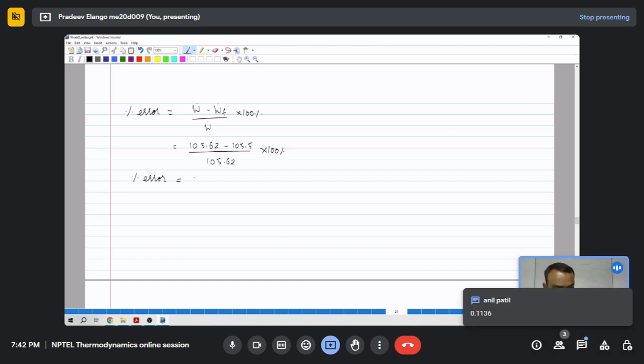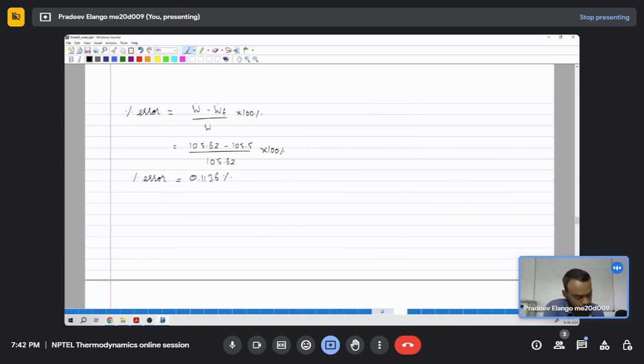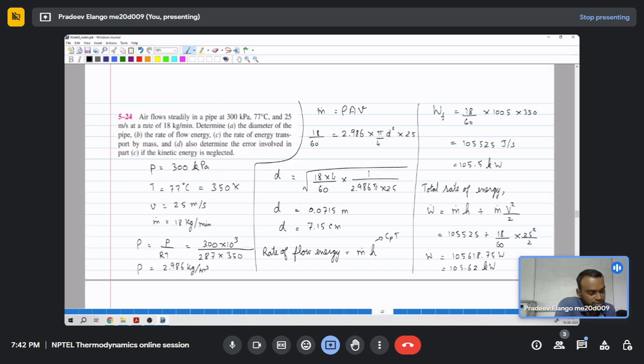This is 0.1136%. So the percentage is very low when we neglect the kinetic energy term to calculate the flow energy or the total energy.